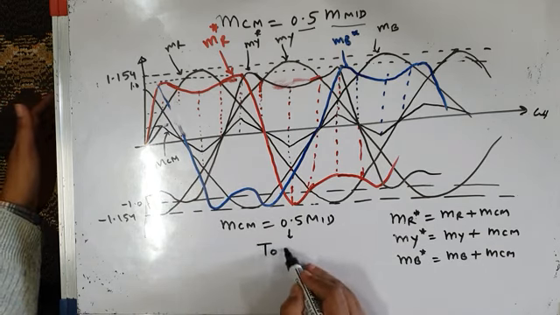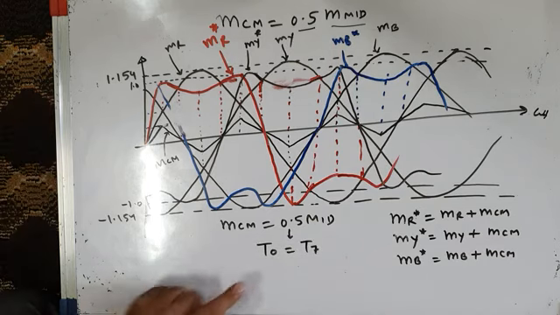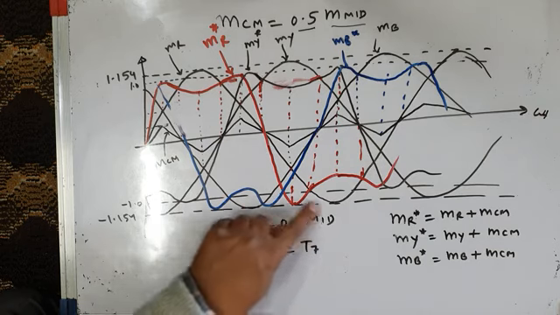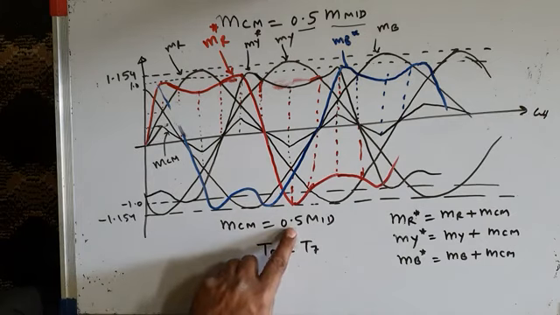That's how we generate it. And how did we get this? We distributed null vector times equally. We made T0 exactly equal to T7. When we made T0 exactly equal to T7, we derived the equation and found MCM to be 0.5 M mid.